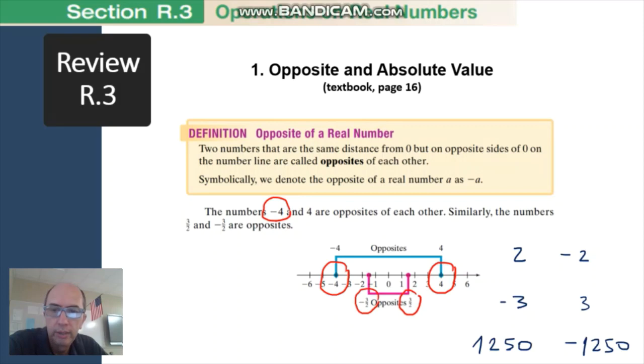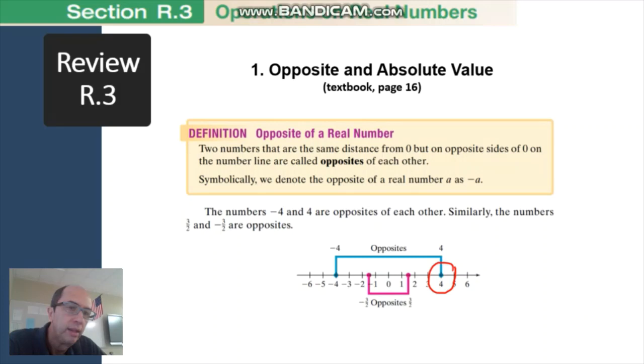What's important to understand here is that the opposite is represented with the negative sign. If you have a number A, the opposite of A is negative A. So the negative sign is the modifier.